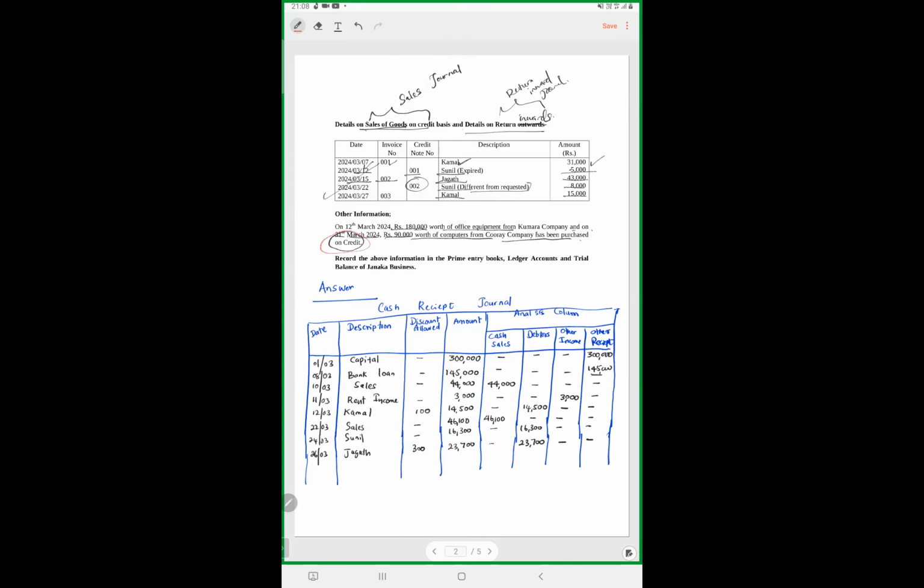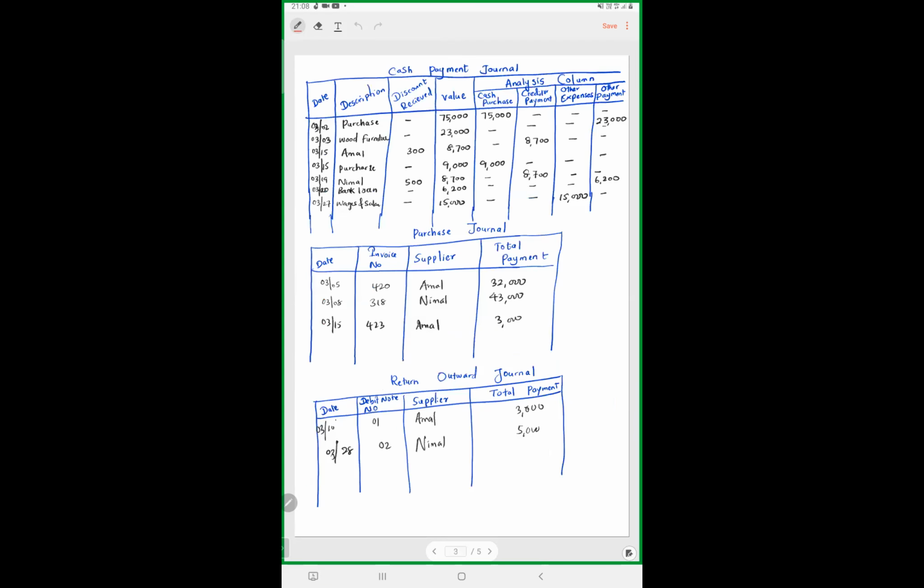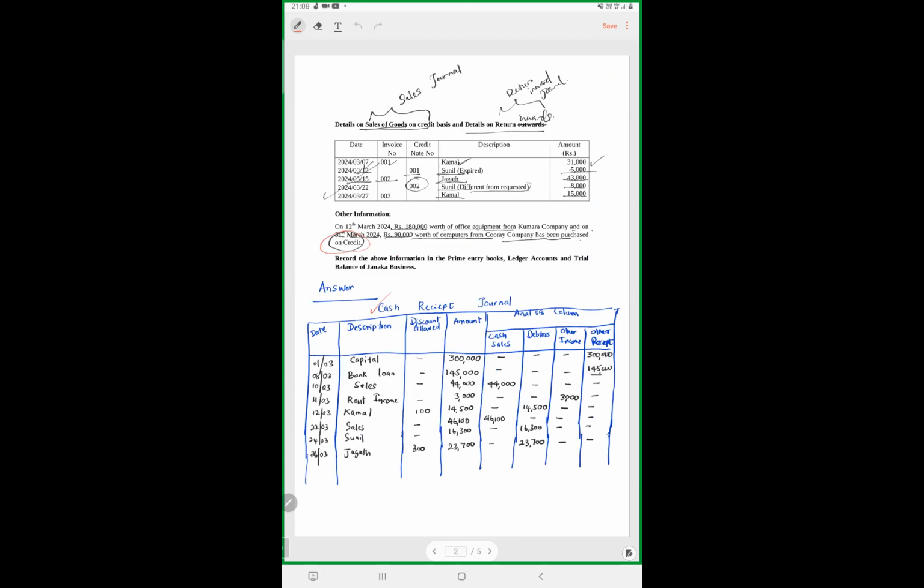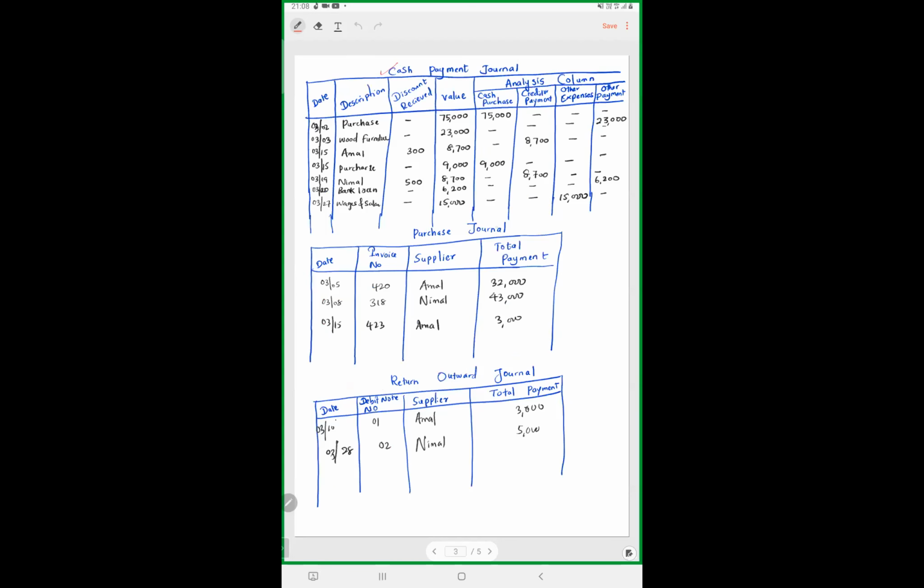We cannot record it in the cash receipt journal because we are not receiving money, and we are not paying the amount because it is on credit basis. And we are purchasing office equipment and computers for our administrative purposes, so we cannot include them in the purchase journal.